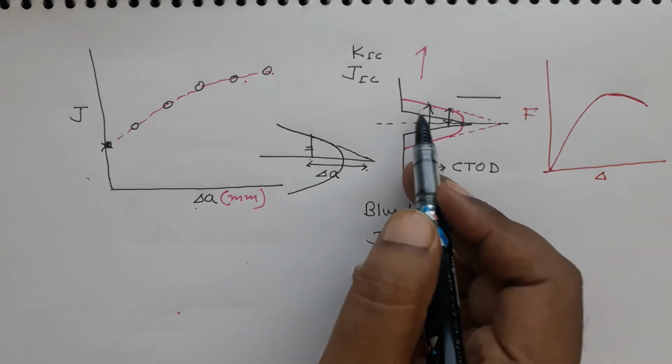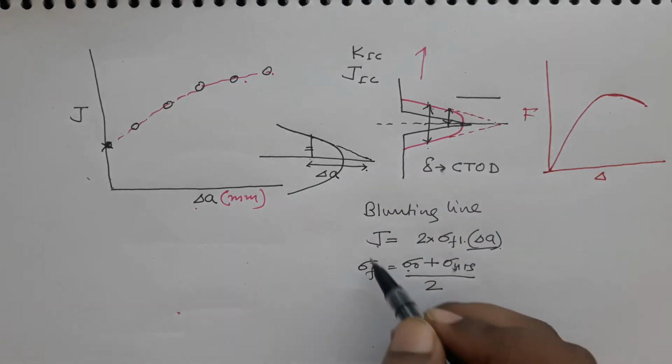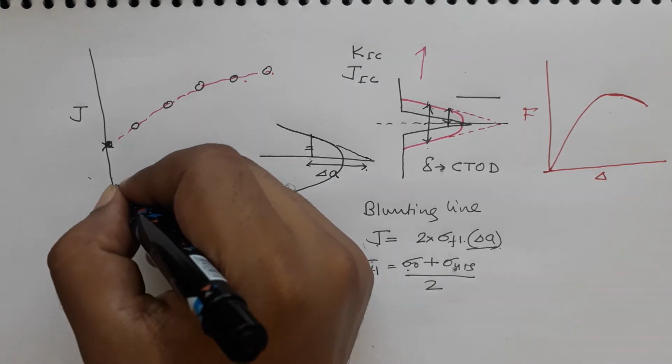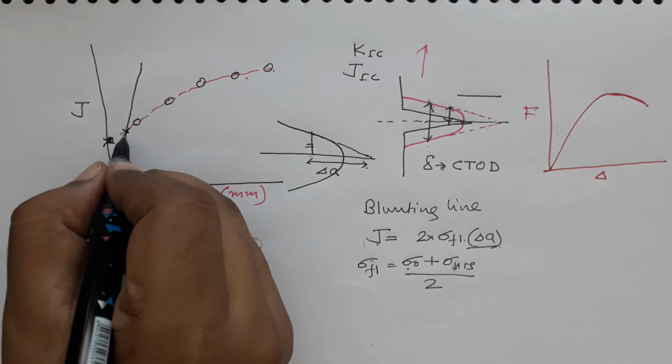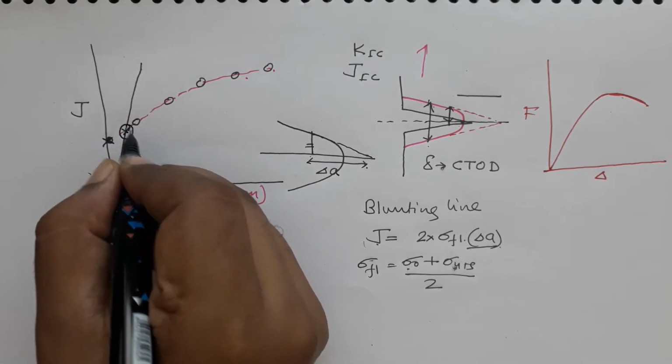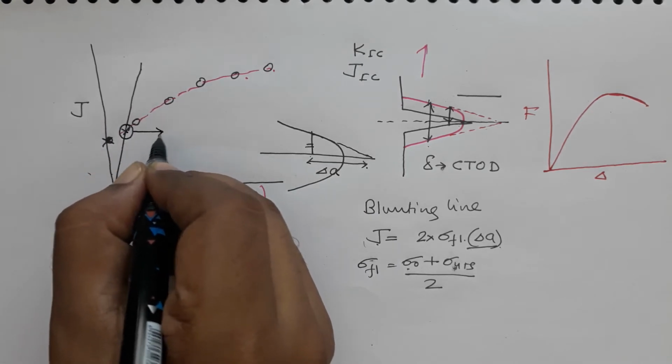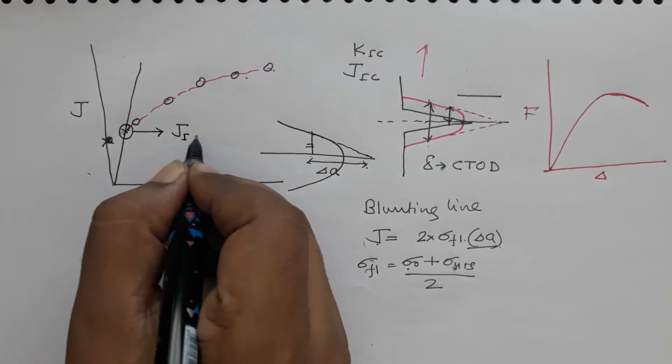So, I want to exclude that blunting effect, and therefore, I draw this line which may intersect the initial J delta A curve somewhere here, right, and this point, this value of J is J1C.